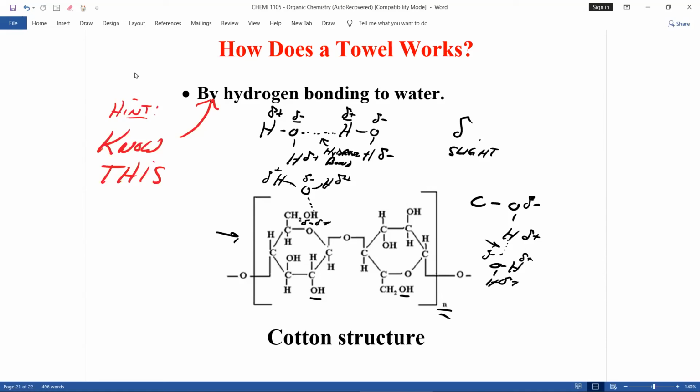This will hydrogen bond. And that's how you get your hands dry.